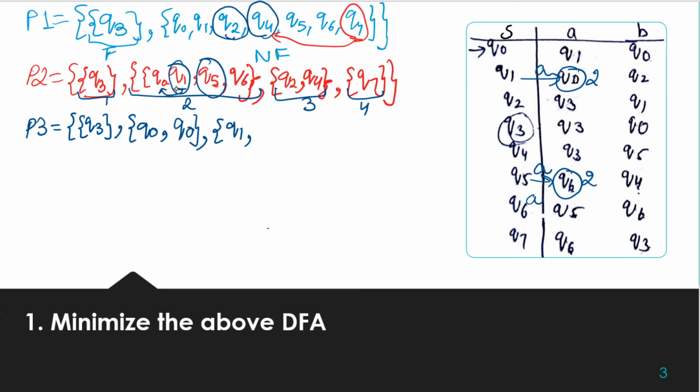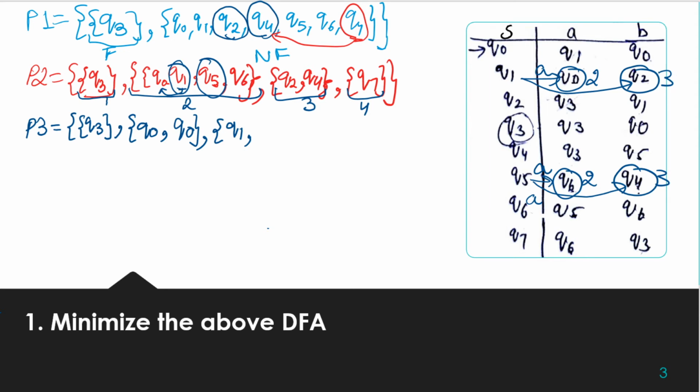So yes, Q1 and Q5 are compatible for input symbol A. Let's check the compatibility for input symbol B. From Q1 we are moving to state Q2, and from Q5 we are moving to state Q4. Q2 belongs to group 3 and Q4 belongs to group 3 of partition 2.